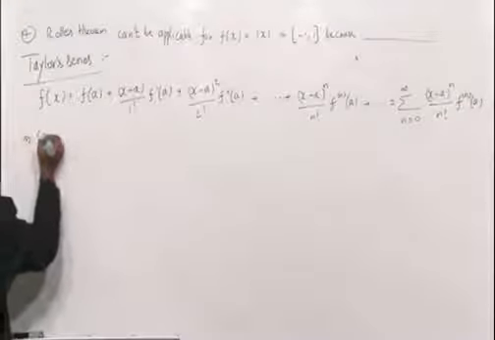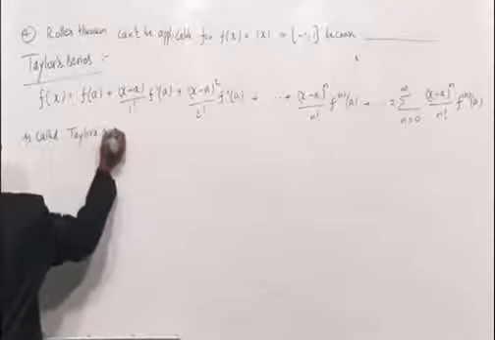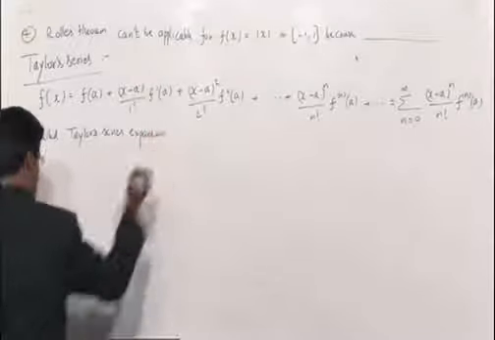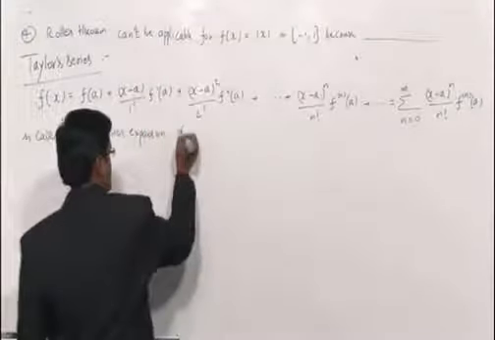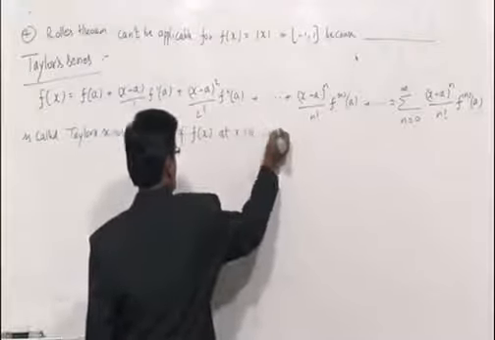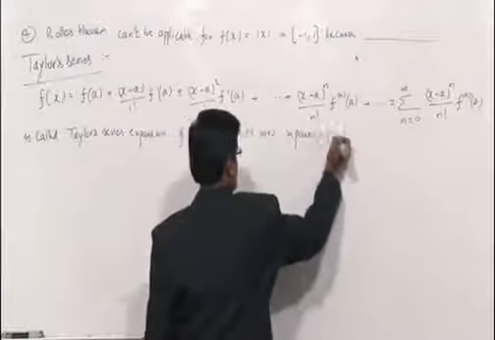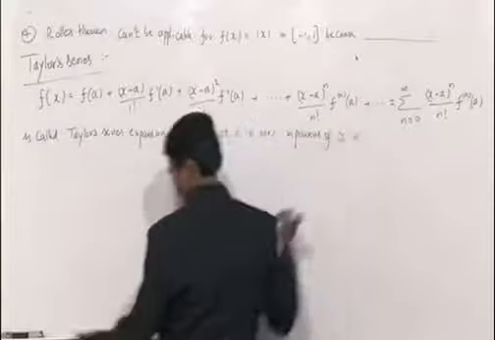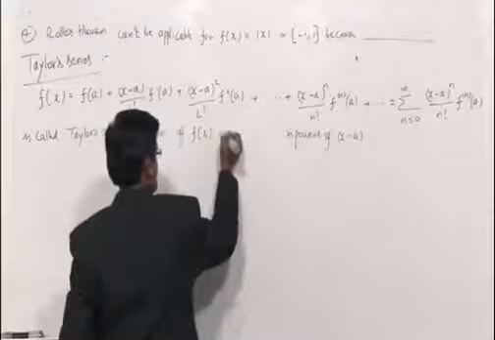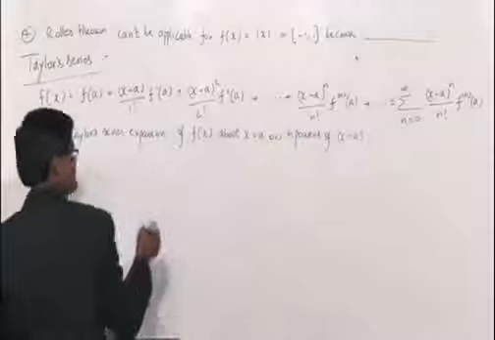This is called the Taylor series expansion of f(x) at x is equal to a, or in powers of x minus a, about x is equal to a, or in powers.